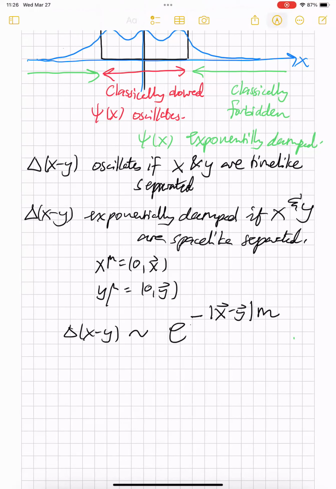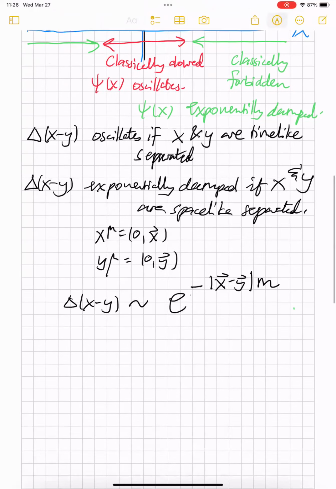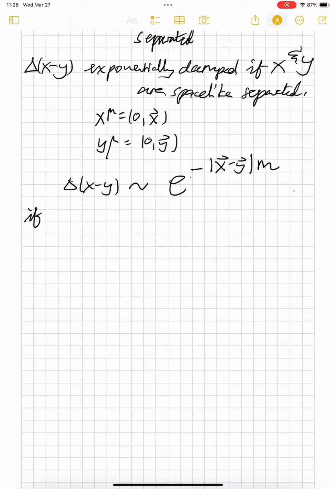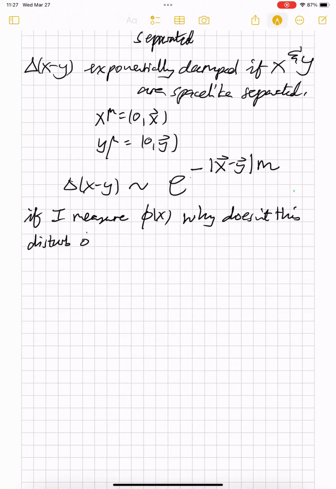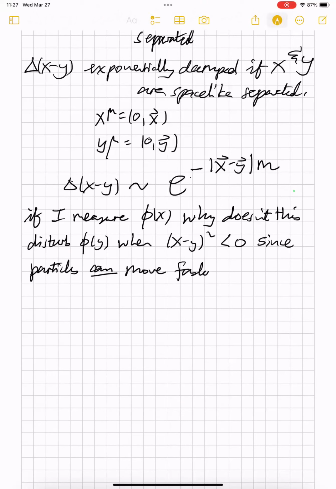Okay, so that's the behavior of delta x minus y. Now, the natural question to ask is, if I measure phi of x, why doesn't this disturb phi of y when x and y are space-like separated, so when x minus y squared is less than 0, since particles can move faster than light?